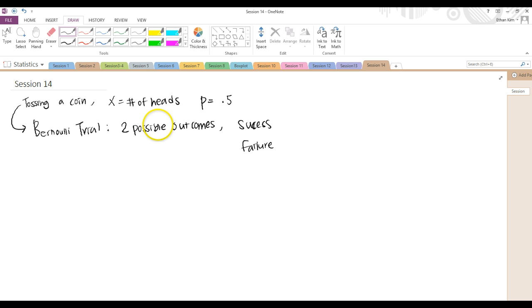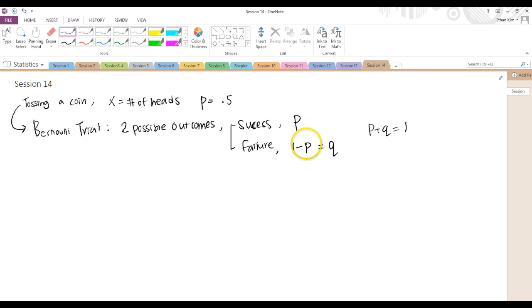So there are only two options. Success has a probability we denote as p, and failure, of course, would be 1 minus p, or sometimes we denote it as q. Again, probability has to add up to 1, so p plus q is 1.